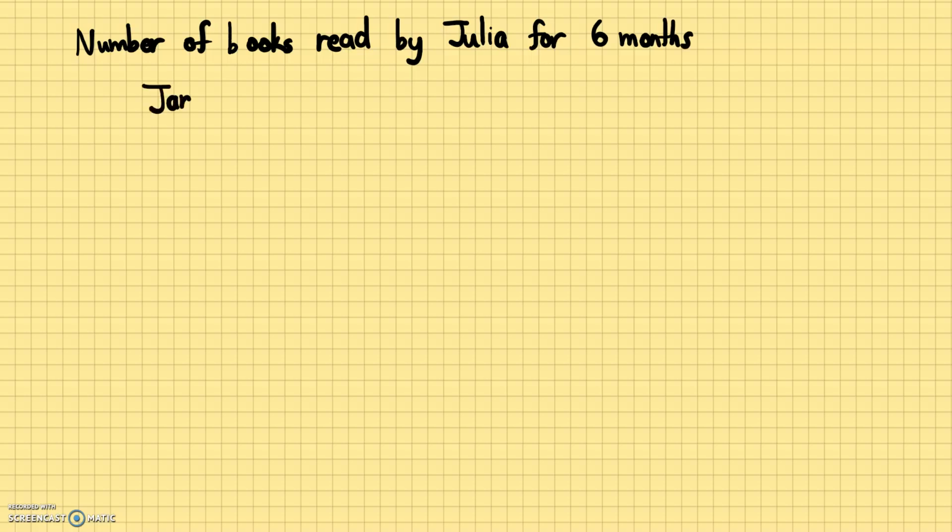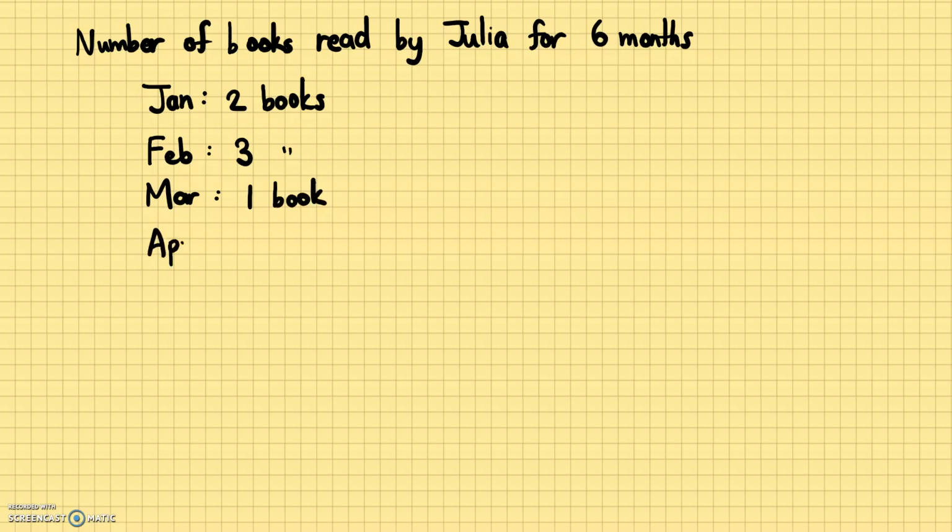In January, she read 2 books. In February, she read 3 books. In March, say that she read 1 book. In April, she read 2 books. In May, she read 2 books, and in June, she read 3 books. So we have this data here, and let's draw a line graph with this data.